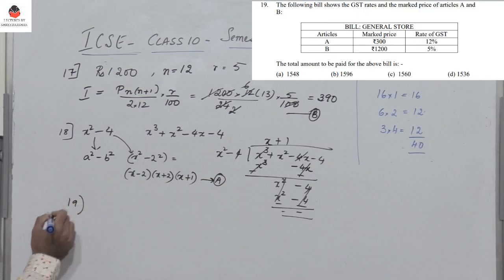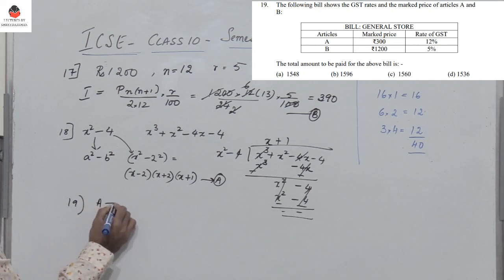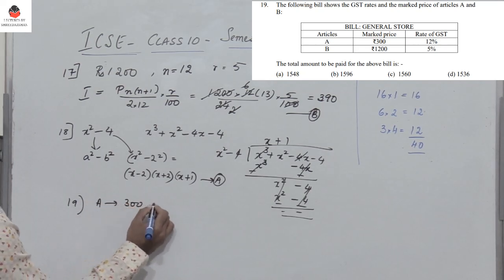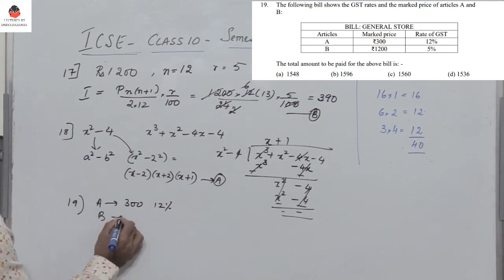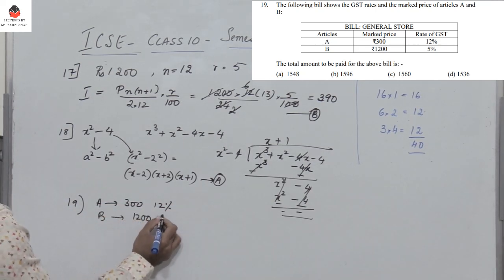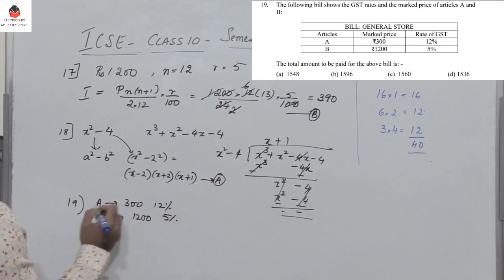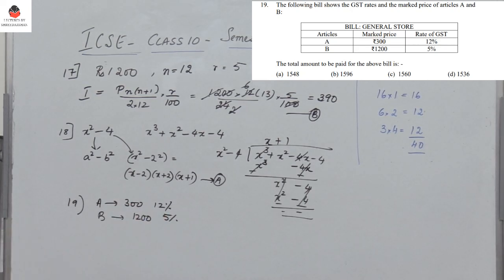19th one. The following bill shows the GST rates and the marked price of articles A and B. So here for article A, the marked price is 300 and the rate of GST is 12%. And for article B, it is 1200 and the GST rate is 5%. So what is the total amount to be paid?